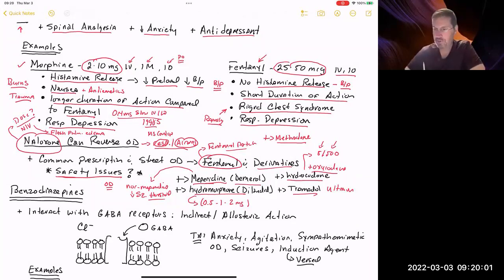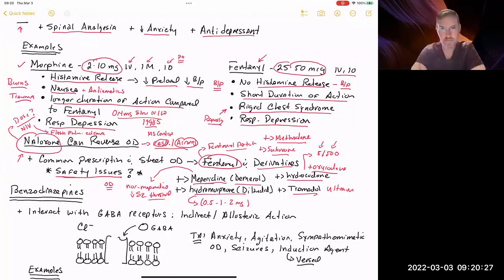There are also mixtures of drugs like Suboxone, for example, which is a mixture of an opioid and an opioid antagonist like naloxone. What happens with Suboxone is it's hard to overdose on, because the more of it you take, the more of the antagonist you have, because it's mixed in there.